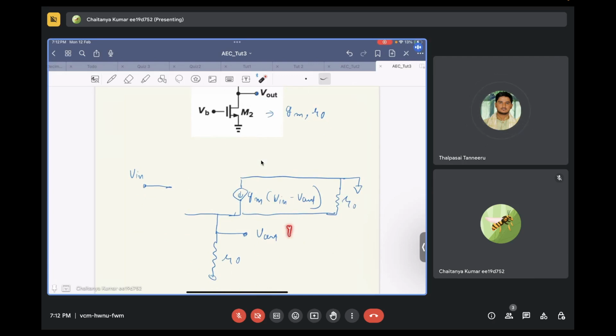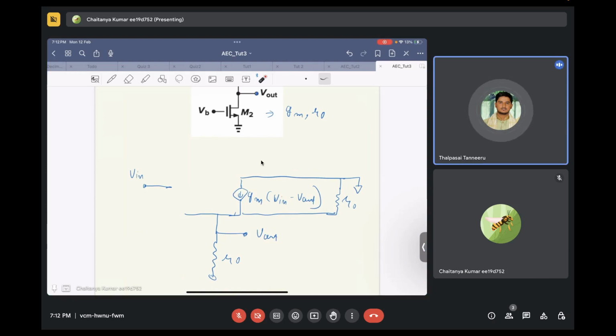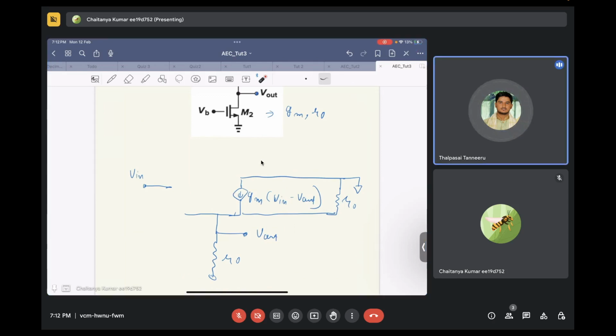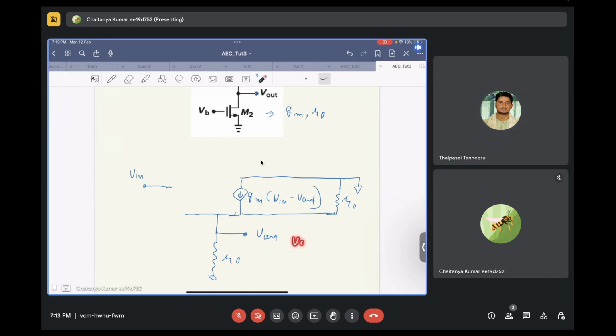If Vout is trying to increase, what will happen to Vout by r_o? Vout by r_o will decrease, sir? Why? If Vout is increasing, Vout by r_o will also increase, right?